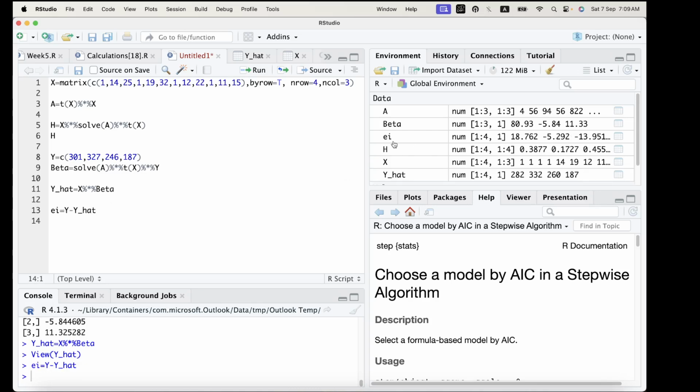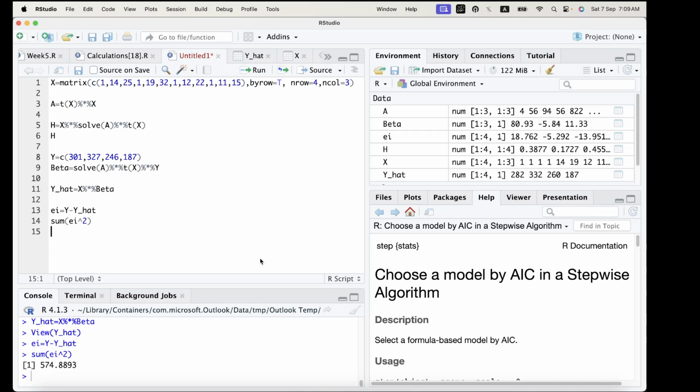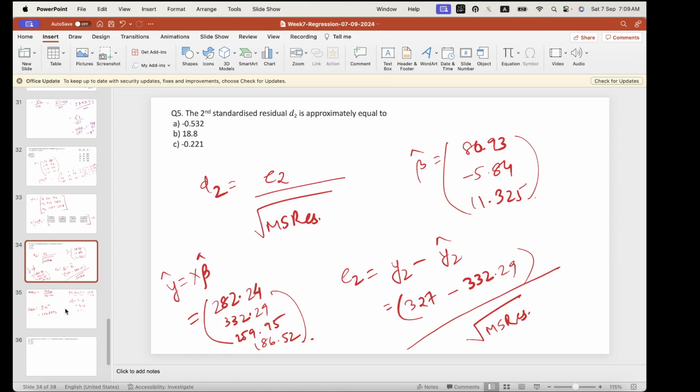Okay, so once we have our eis, then summation of ei square gives me 574.8893. So SS residual is actually 574.8893.